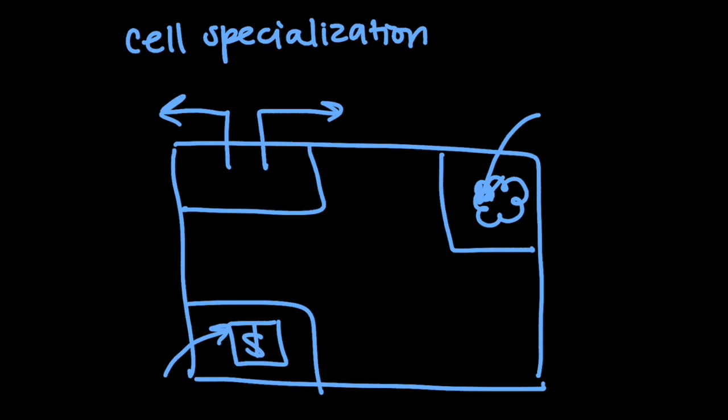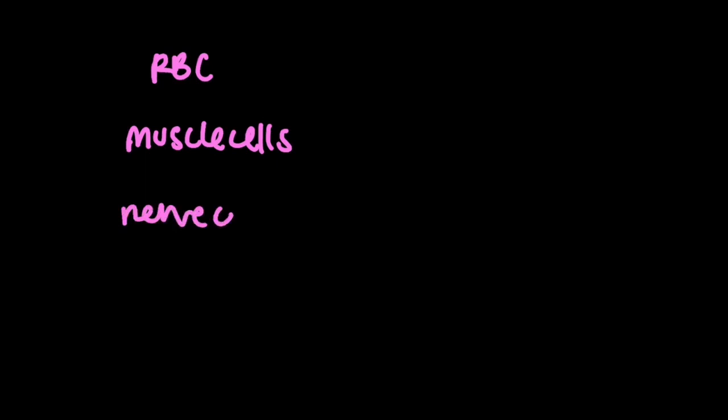In a similar way, the body is also composed of specialized cells with unique roles, such as red blood cells that carry oxygen in the blood, muscle cells that contract and relax, or even nerve cells that carry signaling messages throughout the body.